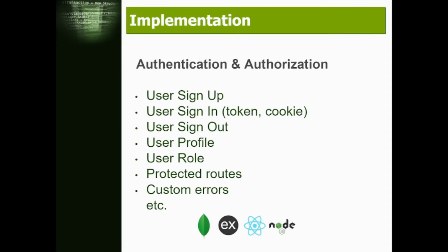We'll also use protected routes. For example, if you're not logged in, there are some routes you cannot access. But also for the user role, you can log in and not be able to access some other routes.